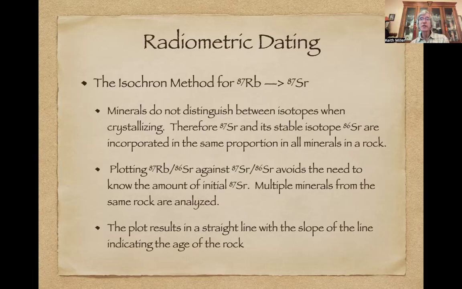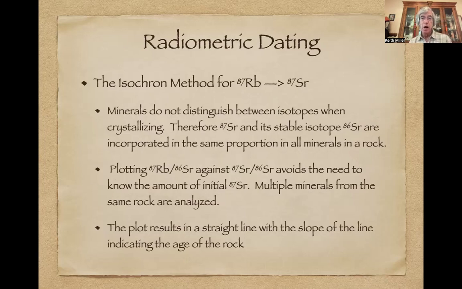Then there's a very different method that's called the isochron method. This is a little bit trickier, and I'll just say a few things. This is rubidium strontium. When a mineral crystal forms, it can't tell the difference between strontium 87 and strontium 86.